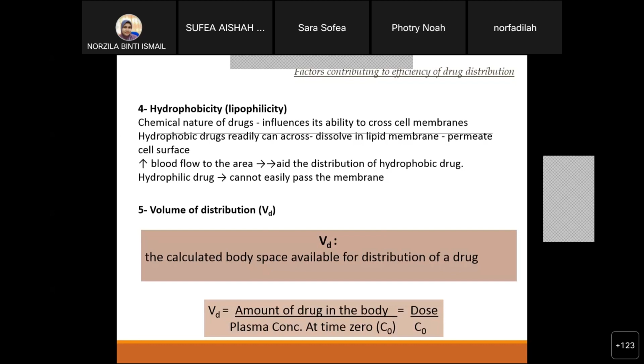For some people the VD value may be very low, because the drug cannot be distributed into 100% of the body compartments of that person, so the VD will be low. The formula of VD is the amount of the drug in the body divided by the plasma concentration at time 0. How do we calculate this?